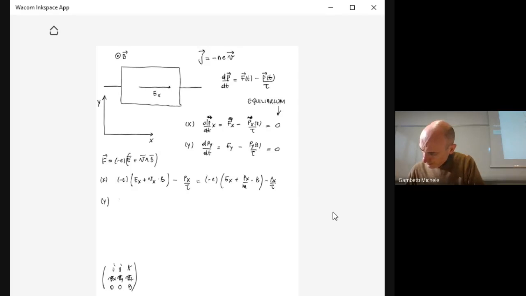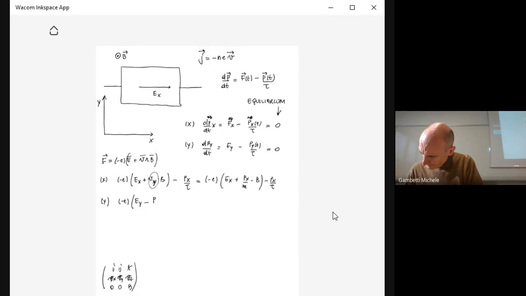Then concerning the y component, I have minus e Ey. Sorry, here I wrote x, but actually it is a y. So please change the label of this velocity because it is y.